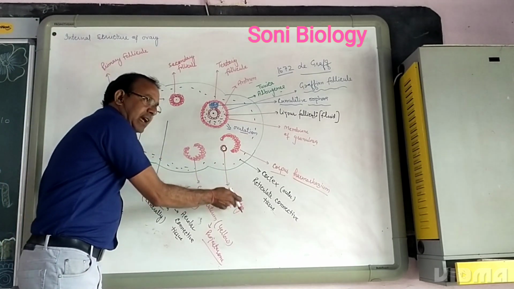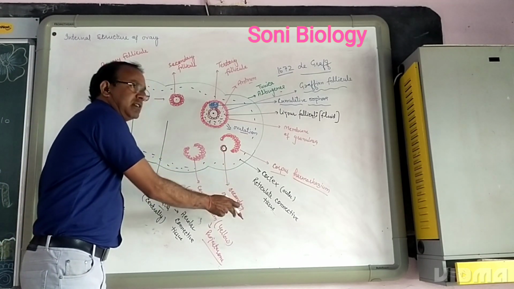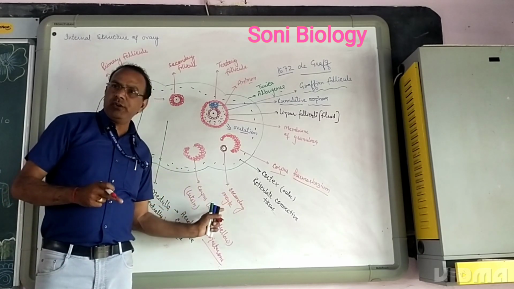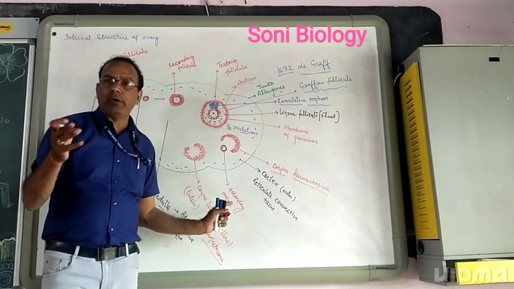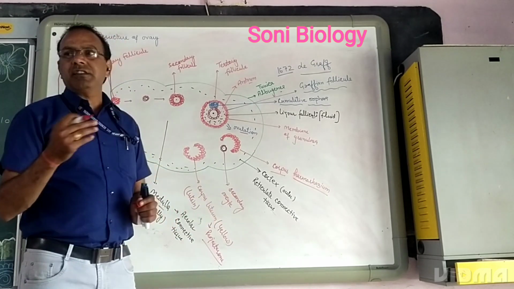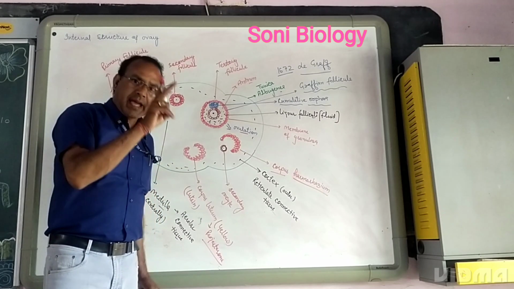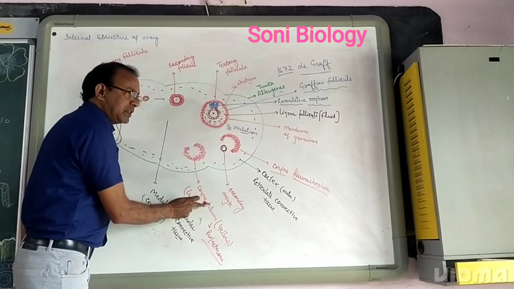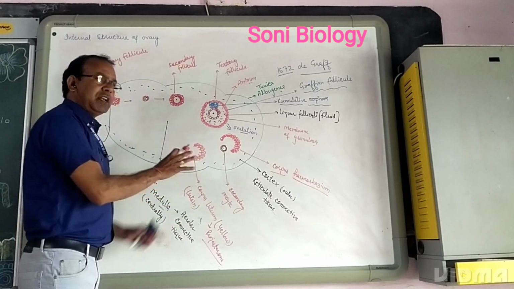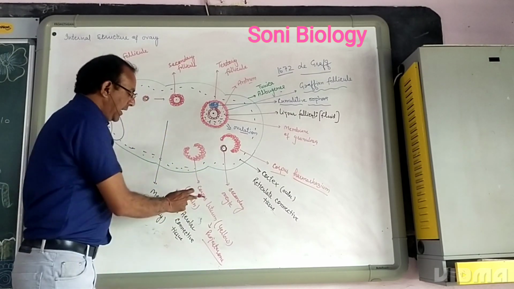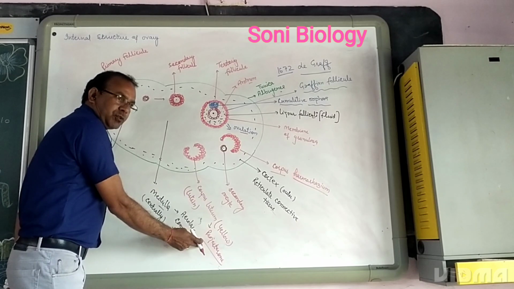If the released egg is fertilized, it means the secondary oocyte released from the ovary into the fallopian tube turns into an egg, and if the egg is fertilized, then the corpus luteum persists as it is. There is no degeneration, and it starts to release progesterone.